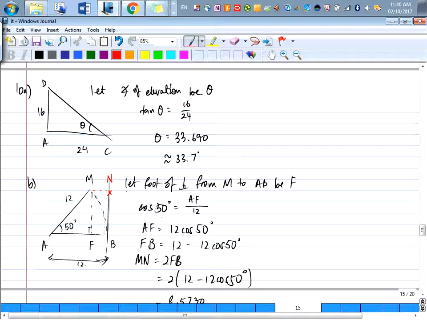Okay, this gap MN is the same as FB, because these are vertical lines. They are parallel. So the two lengths are the same. Now with that, instead of finding MN, I can choose to find the length of F to B.